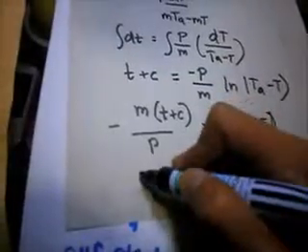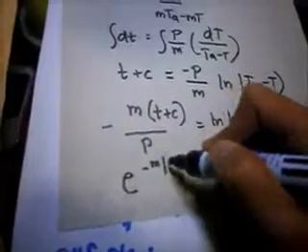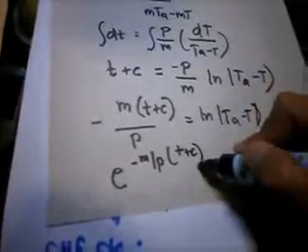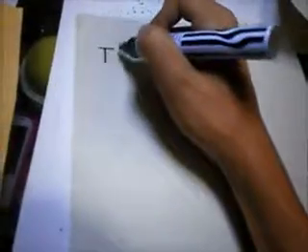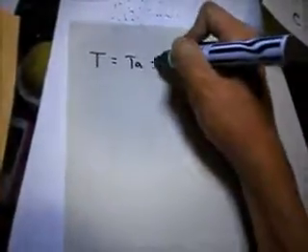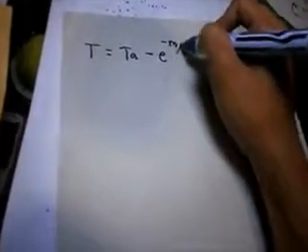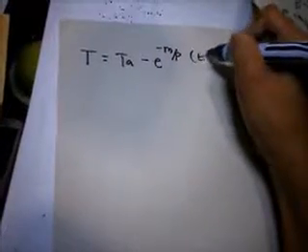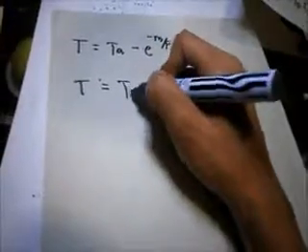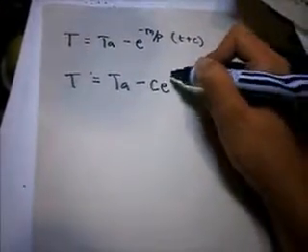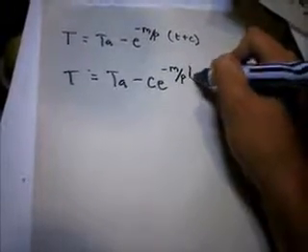And we raise this one to the power of e. Okay, so we have e to the negative M t plus c equal to TA minus T. And finally, we have T as a function of time: T is equal to TA minus c e to the negative M over P times t.